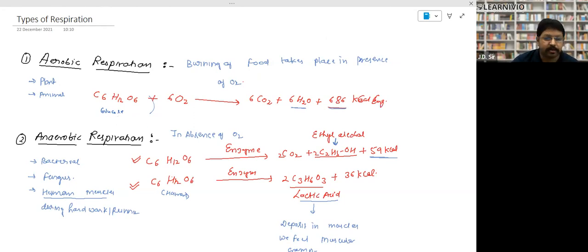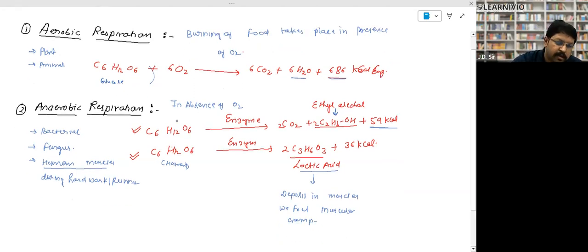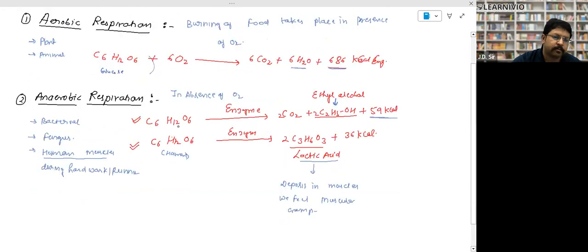Now, anaerobic respiration. Anaerobic respiration takes place in bacteria, in fungus, and in human muscles during hard work. When we do hard work, running, or exercise, it also takes place in our body. Anaerobic respiration takes place when oxygen is not available.